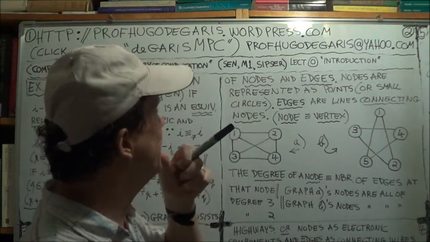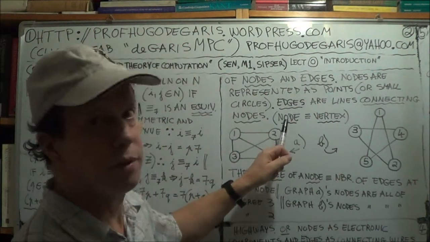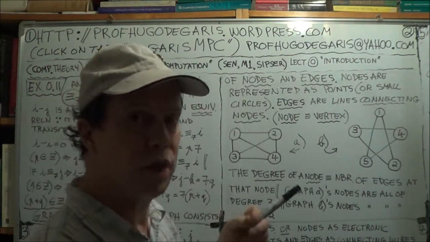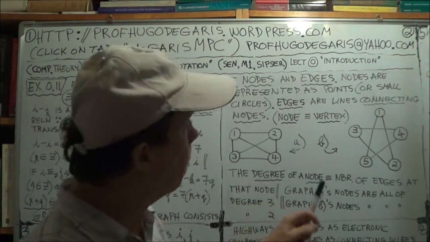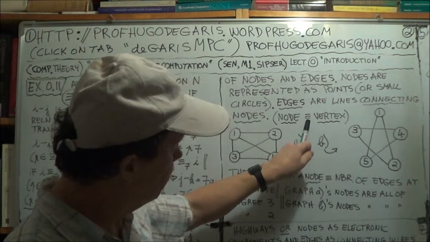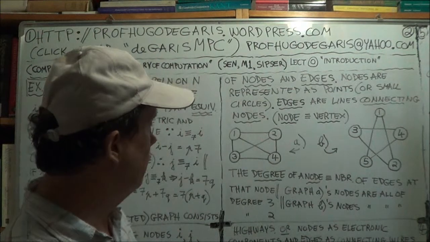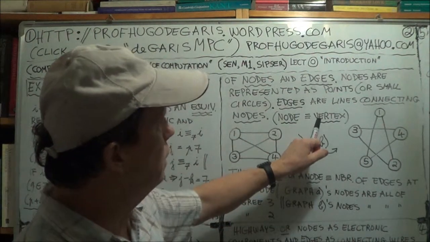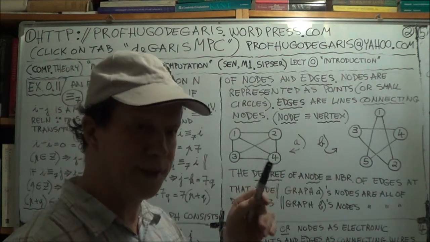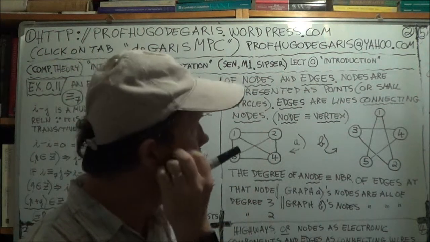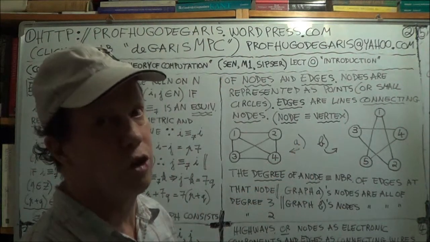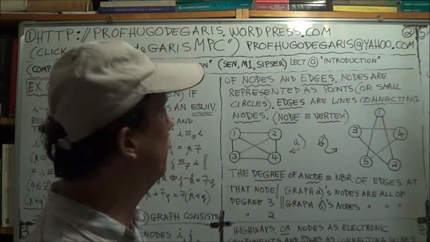Now nodes, the dots, have another name as well. Just two names, synonymous. They mean the same thing. Vertex. So a node or a vertex, same thing, by definition. And we will use the V of the word vertex to label a set of vertices, a set of points, a set of nodes. We'll see this V occur a bit later.